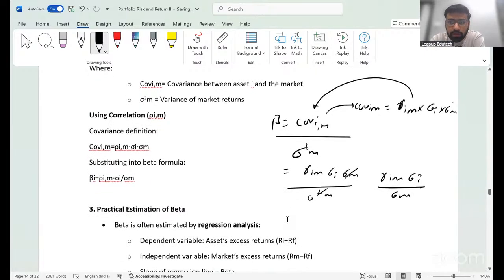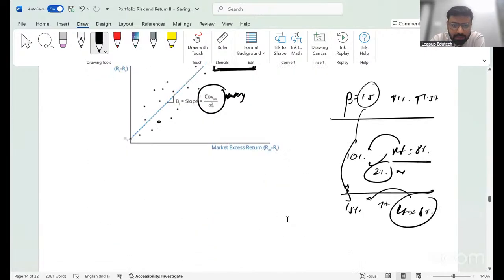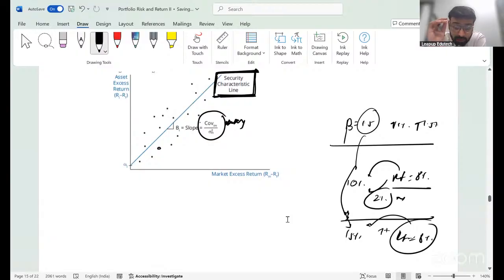And you know what? This process that I just did, where I plotted the data with respect to the excess return of the stock and of the market over the risk-free rate, and the line that I just drew, this entire process is called regression analysis. Out of the data that was plotted, I draw a line that best describes the data, that best fits the data.